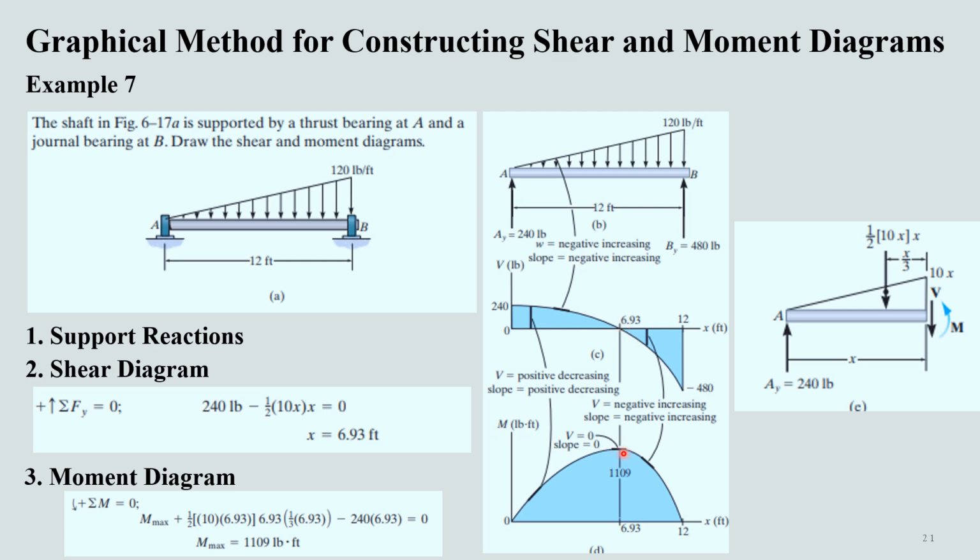And from here again it will have a negative slope till the end point of the beam. You can determine the value of maximum moment at this point by again considering the change in moment due to this reaction and the applied loading between this 0 and 6.93 feet.